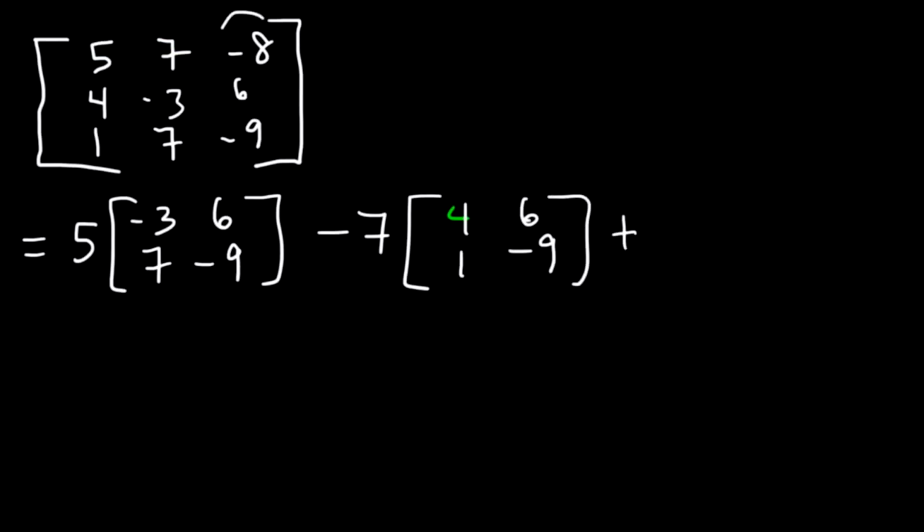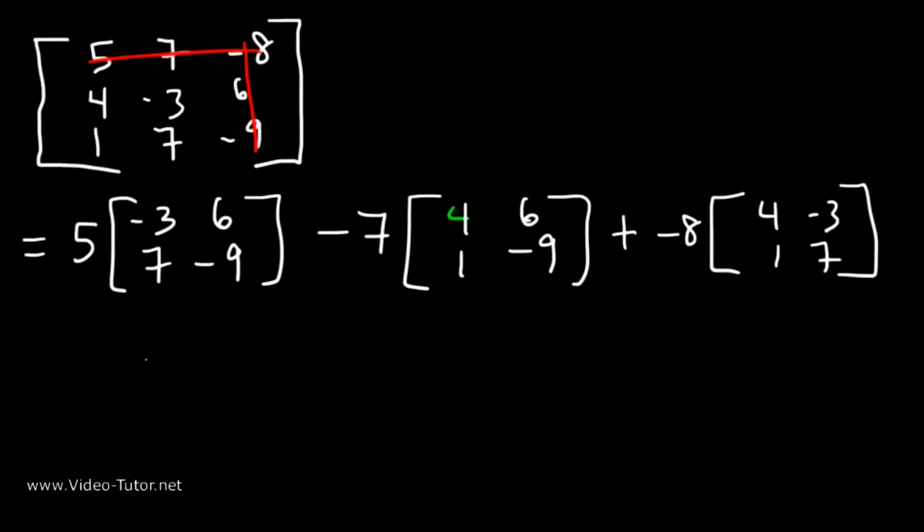And then the last one, negative 8. If we take away row 1, column 3, we're left with 4, negative 3, 1, 7. Now let's go ahead and evaluate the 2 by 2 matrices. First we have negative 3 times negative 9, which is positive 27, and then minus 7 times 6, which is 42.